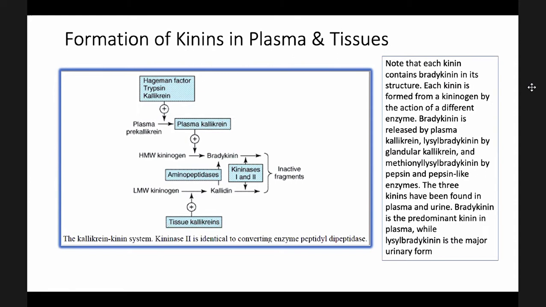Bradykinin is released by the plasma kallikrein, your lysyl bradykinin by glandular kallikrein, and your methionyl lysyl bradykinin by pepsin and pepsin-like enzymes. The three kinins have been found in the plasma and urine. Bradykinin is the predominant kinin in the plasma, while your lysyl bradykinin is the major urinary form.